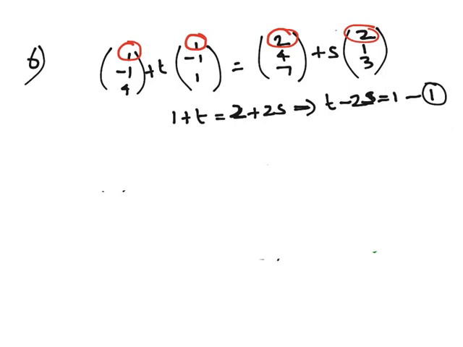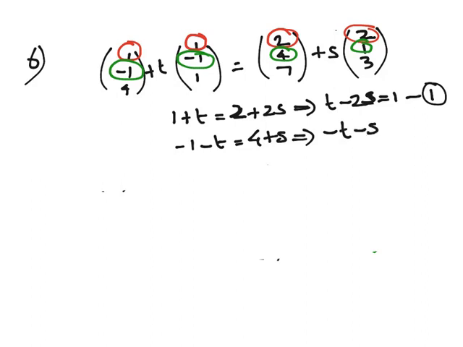Now the second equation, minus 1 minus t equal to 4 plus s. So this will give me minus t minus s equal to 5. So equation 2. And then the third equation is 4 plus t equals 7 plus 3s, which will give me t minus 3s equals 3.